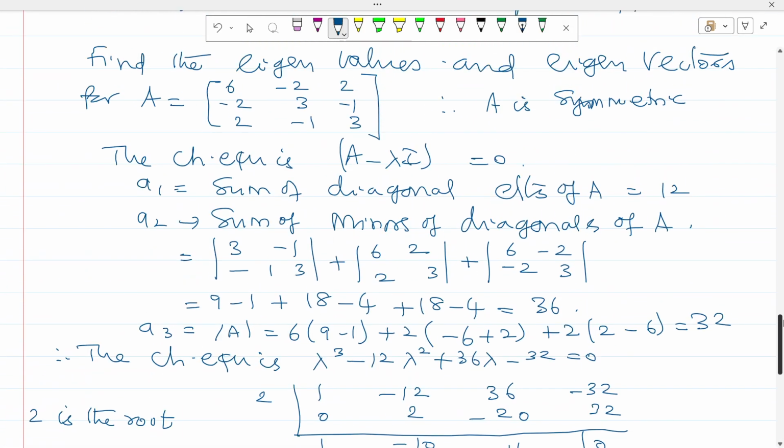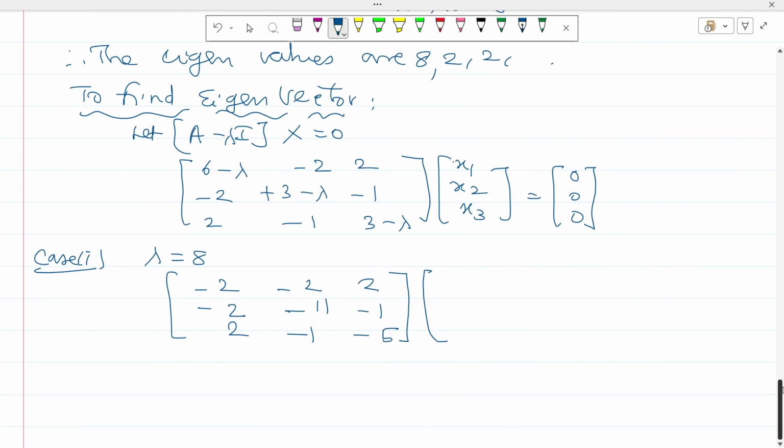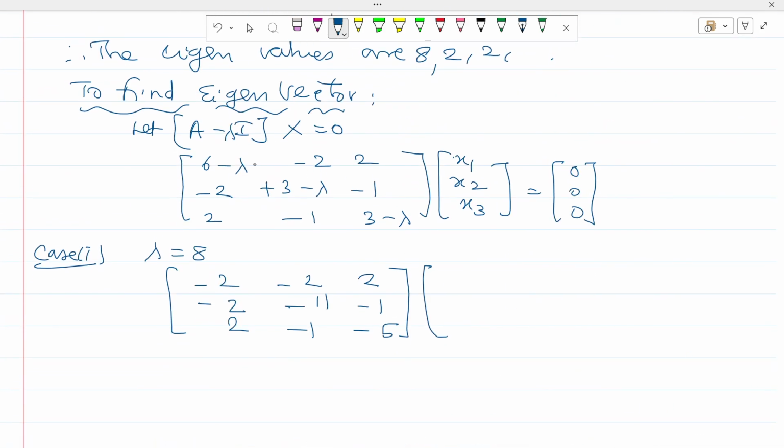See the matrix, the entry is plus 3 only, not minus 3. Plus 3 minus lambda. So that value is not minus 11, it is minus 5. Plus 3 minus 8 is minus 5, times x1, x2, x3.